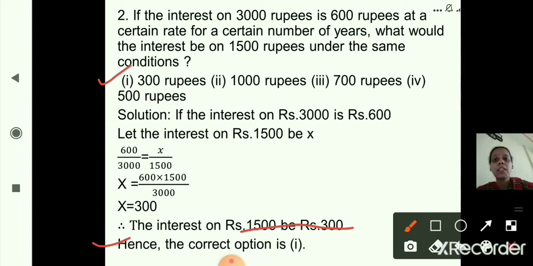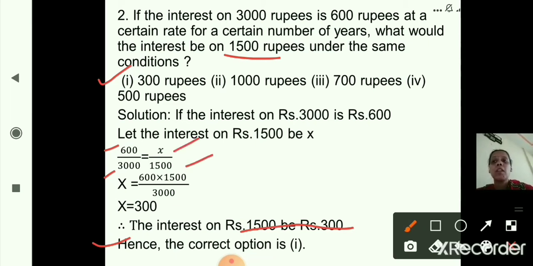In the second question, principal is given and the interest is given, at a certain rate of interest and certain number of years. If the condition is the same, then the principal is 1500, so what will be the interest? Okay, so we will find out the ratio of interest and principal, right? Interest is 600 and the principal is 3000. Then if the interest is X, the principal is 1500.